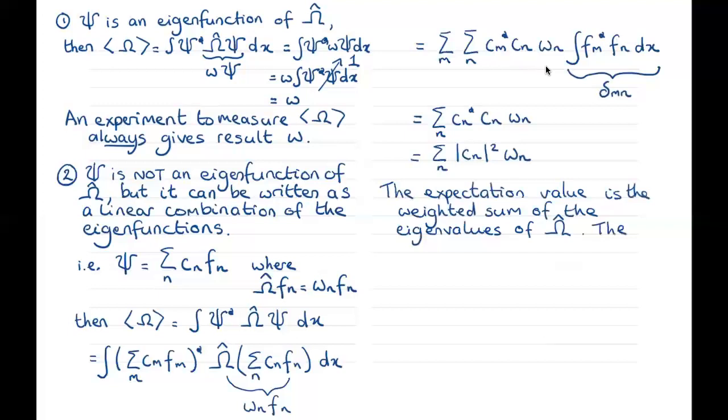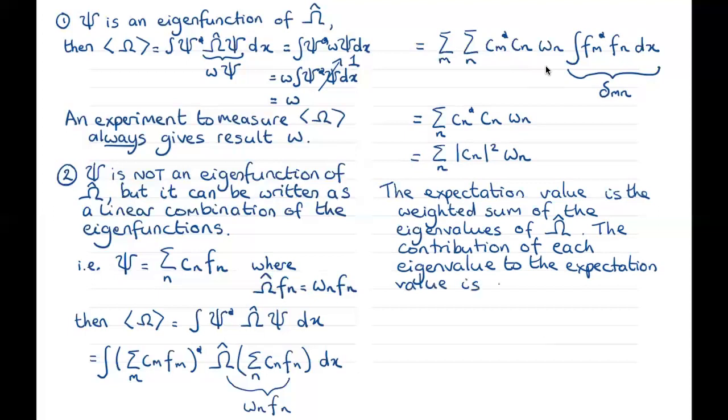And the contribution of each eigenvalue to the expectation value is given by the square modulus of the coefficient of the corresponding eigenfunction in the wave function that we're interested in.